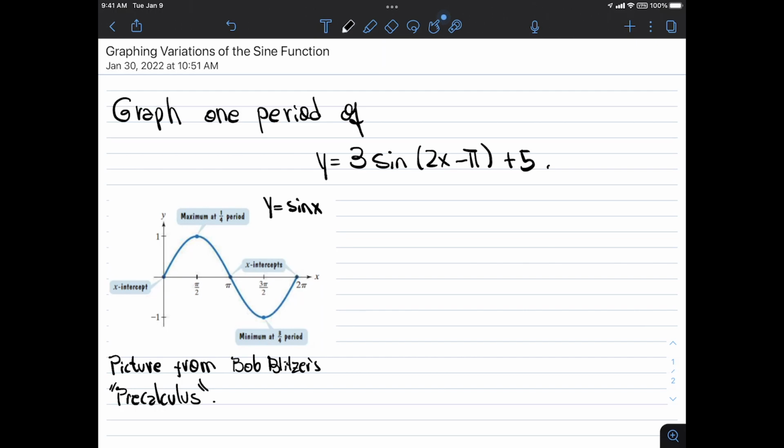And if you don't know what this thing looks like, that the sine function behaves this way from 0 to 2 pi, then your first step is to backtrack, go back and try and learn how we got to the shape of a graph.